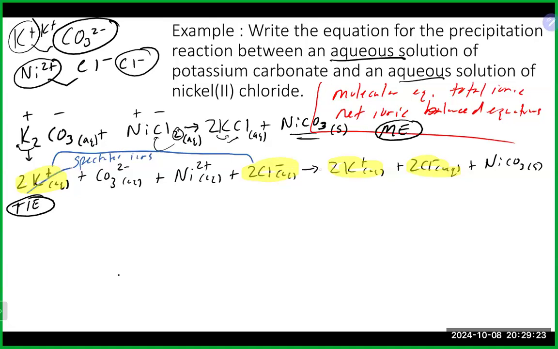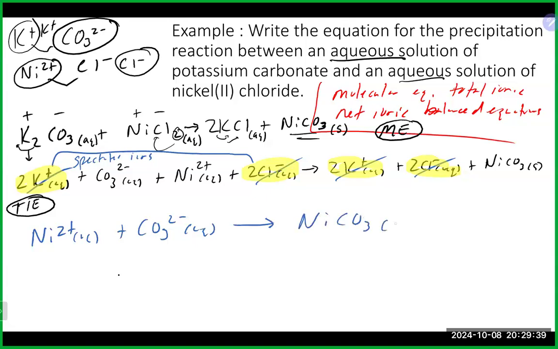They would cancel out on both sides like the arrows and equal sign. That will leave us the nickel 2 coming together with the carbonate to form nickel 2 carbonate, which is a solid. This would be my net ionic equation in this case.